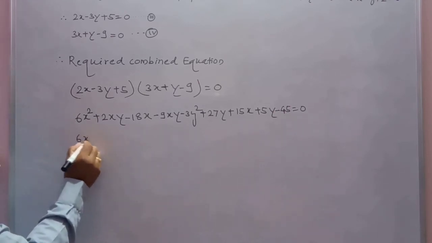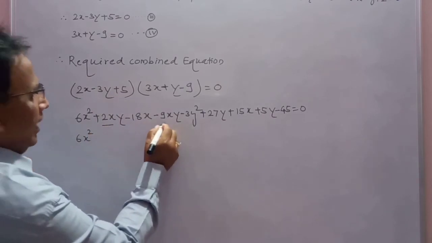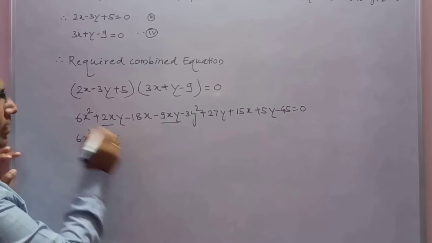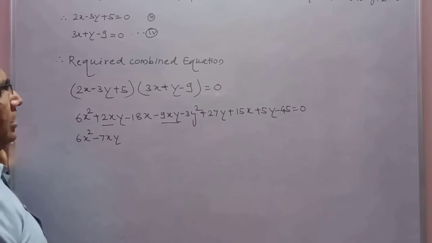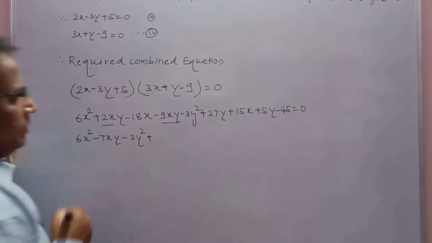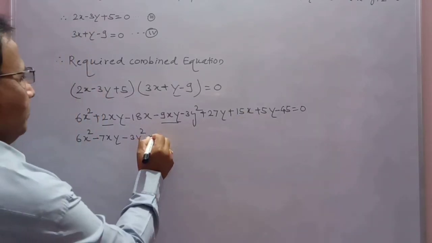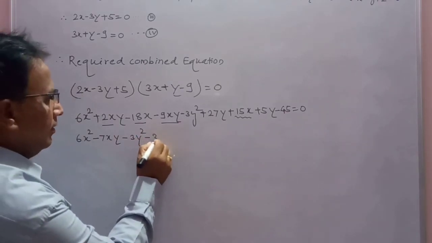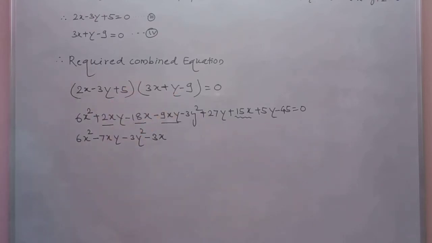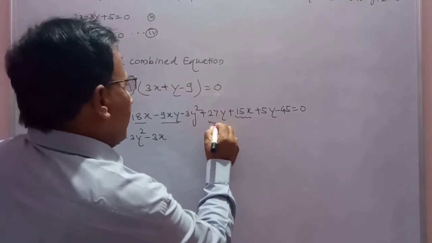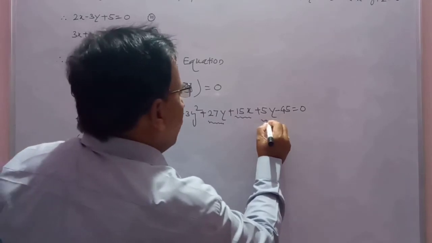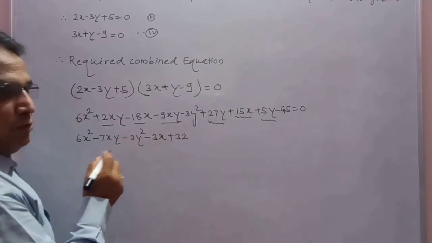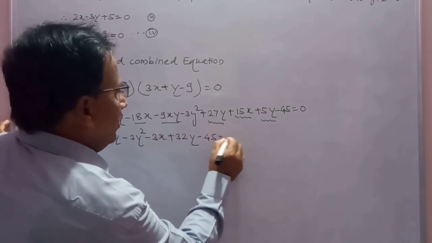Therefore, 6x square as it is; 2xy and minus 9xy, this addition gives minus 7xy; minus 3y square; combining similar terms, minus 18x plus 15x is minus 3x; 27y plus 5y is 32y; and the constant term is minus 45, equal to 0.